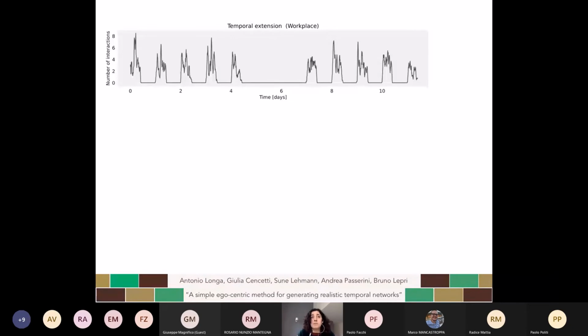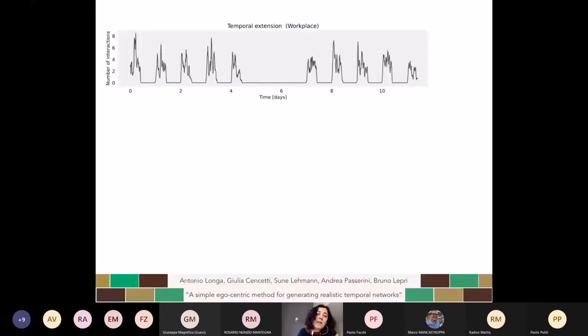So as I was explaining before, in our method, when we generate the new network, we do it step by step. And so we can repeat the procedure how many times we want. So we can generate a network which is as long as we want. For instance, here we did an experiment.